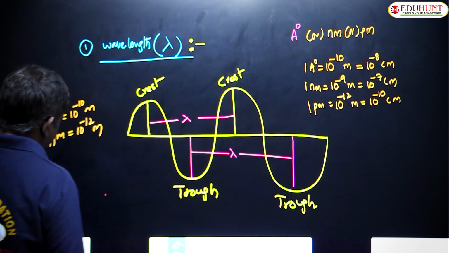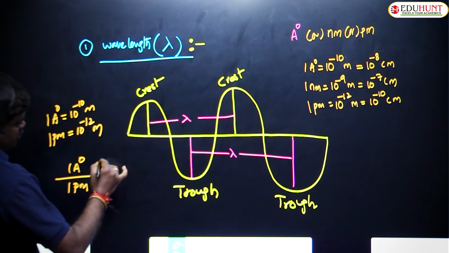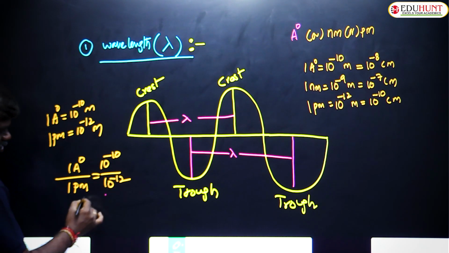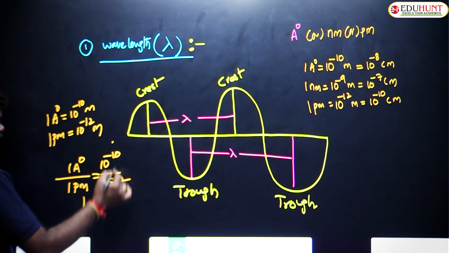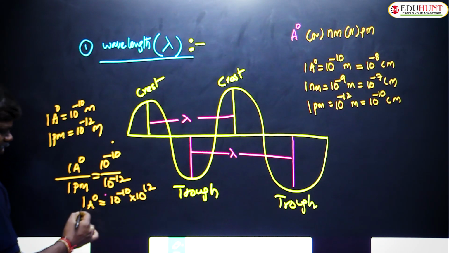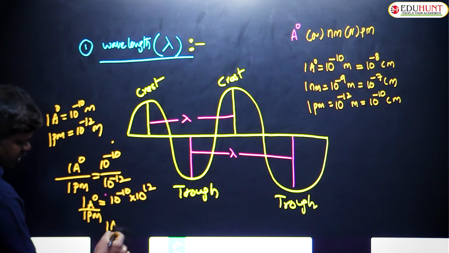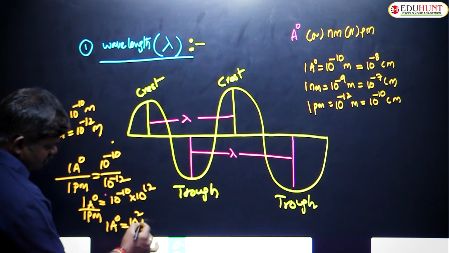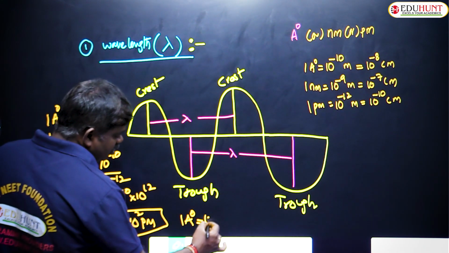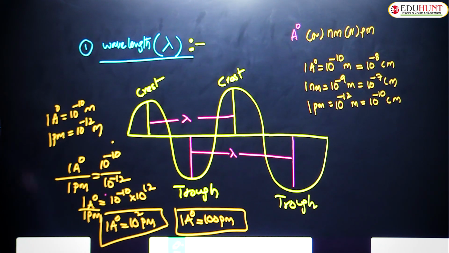Therefore, the relation between angstrom and picometer: 1 angstrom is equal to 10 power minus 10 multiplied by 10 power 12 picometers per meter. Then it is 10 square. So 1 angstrom is equal to 10 square picometers, which means 1 angstrom is always equal to 100 picometers.